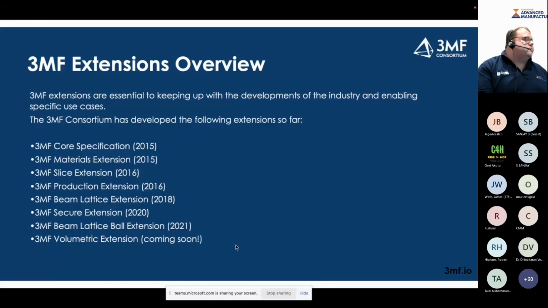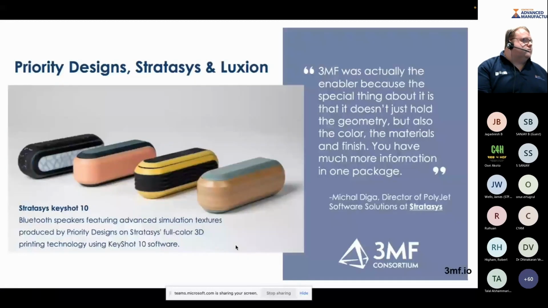So let me show some examples of why this is important for end users. This is a metal example, but the material could be multi-material as well. In this instance, we have a full color print coming from Luxion KeyShot going to Stratasys's full color 3D printer.